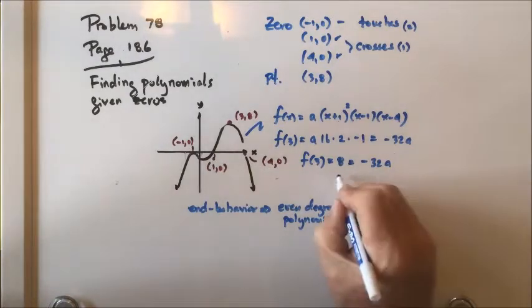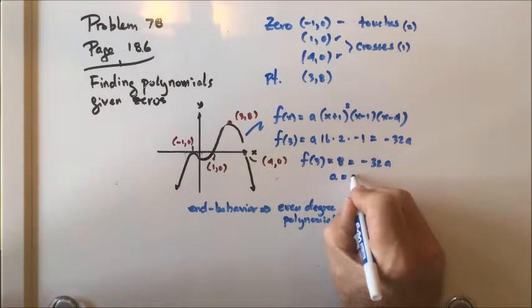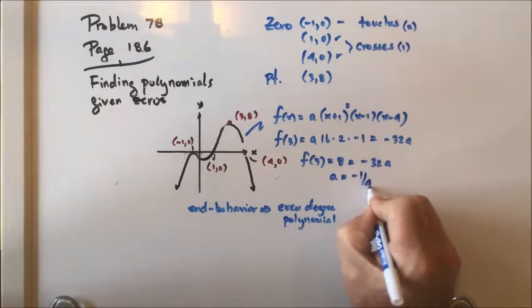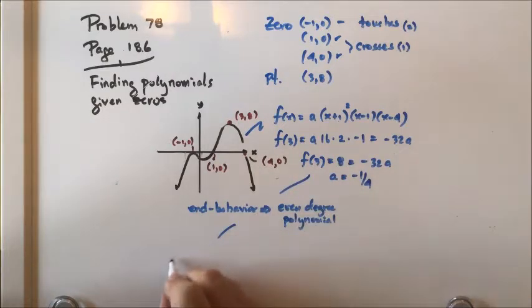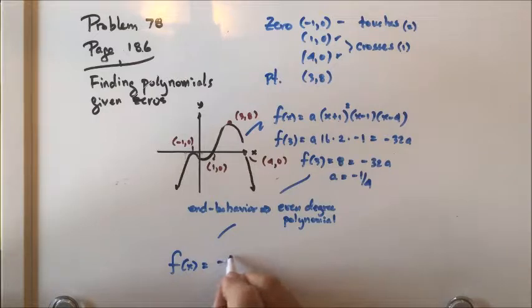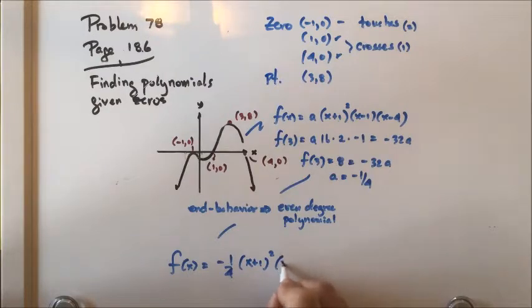I think that says that a is equal to -1/4. And so the function that we're looking for is f of x equals -1/4 times (x plus 1) squared (x minus 1)(x minus 4).